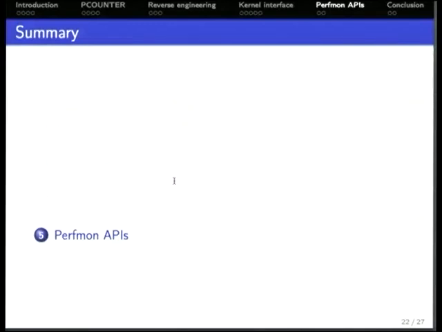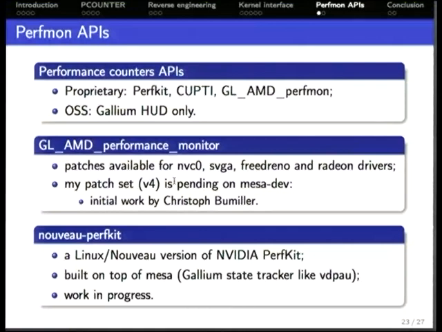So now performance counters are exposed by the kernel interface to Mesa and to the Gallium HUD. But we want to have more performance counter APIs for the user space. We have some proprietary APIs, like PerfKit for Windows, and GL AMD performance monitor for Windows and Linux.